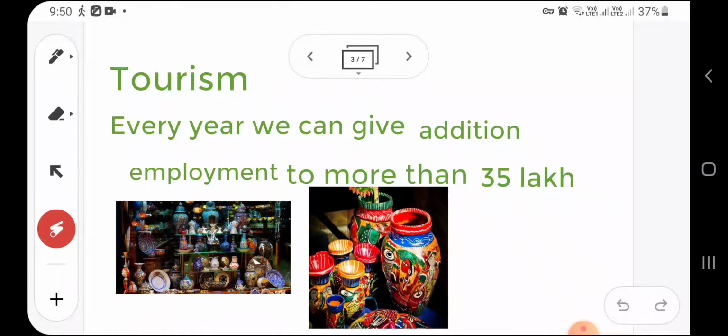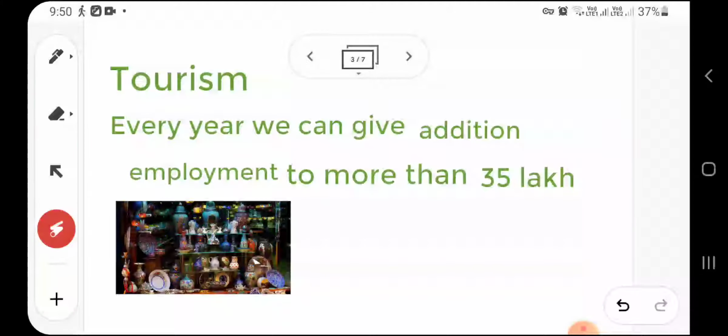People from different countries come to India to visit places, so in those areas hotels will be developed. Hotels, nightclubs and guides, particularly guides, will get more opportunities if tourism is developed. Handicrafts people also get more opportunities.